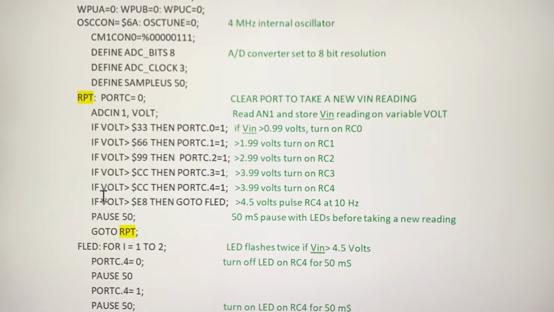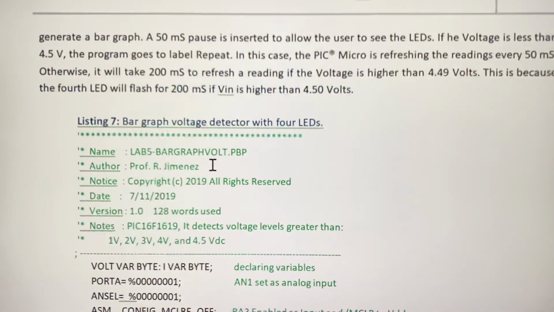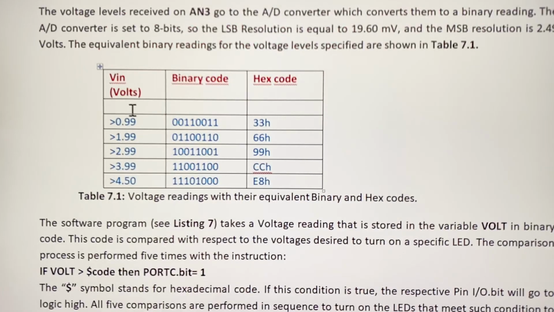So you just have to add more comparisons right here and increase your table, so you will have 10 comparisons instead of 5. And this table must be bigger than this one.